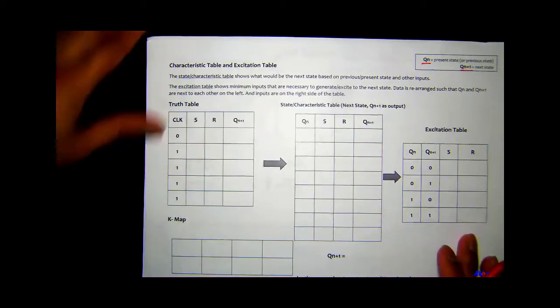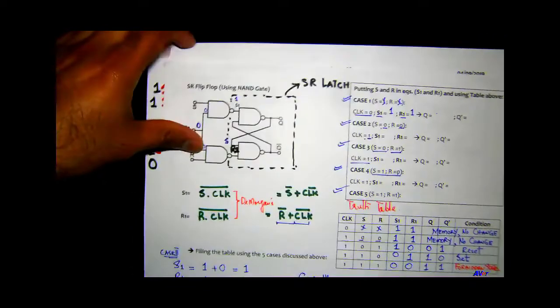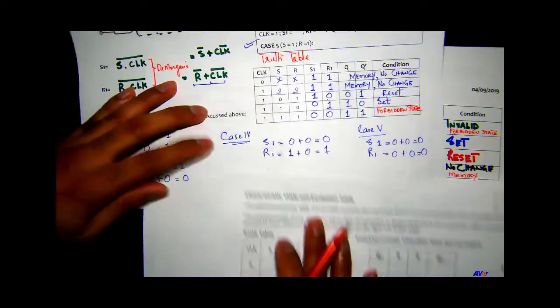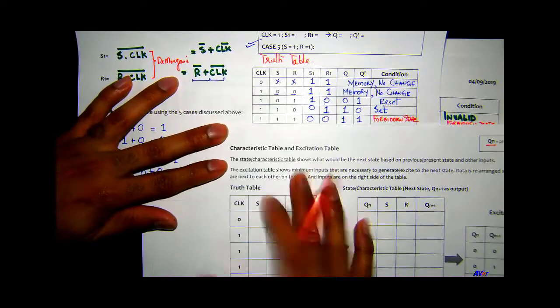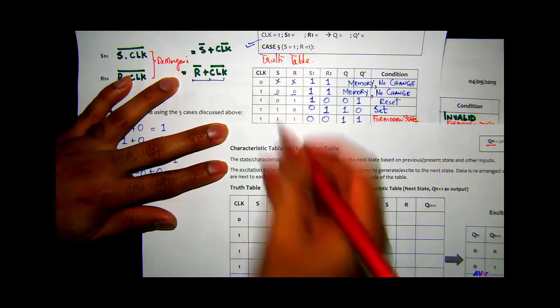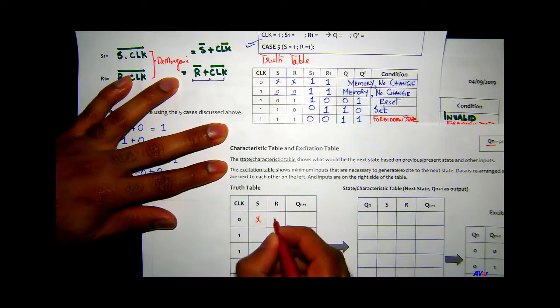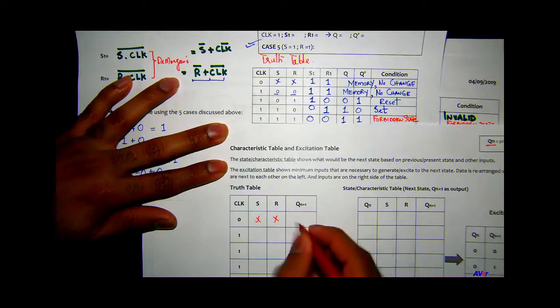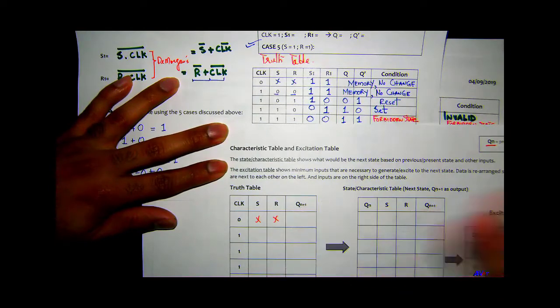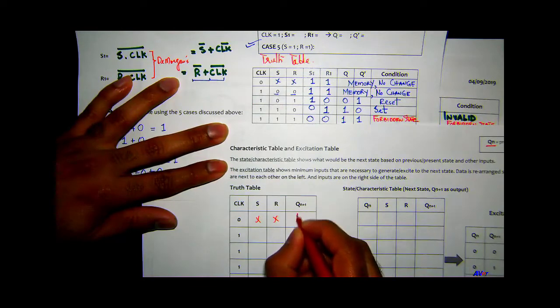Okay, so this truth table, we just did that. I'll just copy all the values into this table right here real quick. This is the truth table that we have. We started with clock 0, doesn't matter what S and R are. Qn+1 is actually going to be no change, memory. So whatever is in the state, which is the present state or the previous state, I'll just write it down as Qn here.